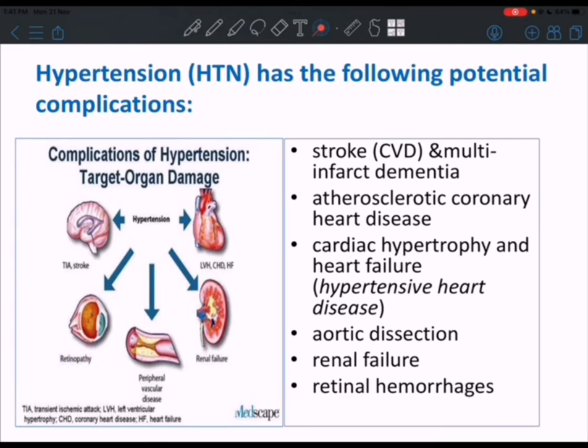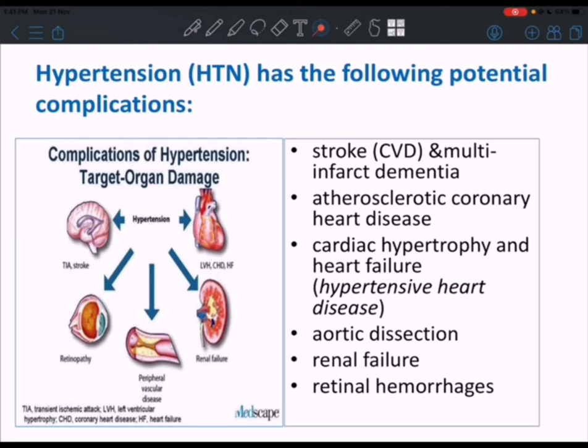All of these can be target organs for the damage that can be caused by hypertension, both benign and malignant hypertension. But because malignant hypertension is associated with much higher readings of the blood pressure, it will induce the damage faster than the benign hypertension.